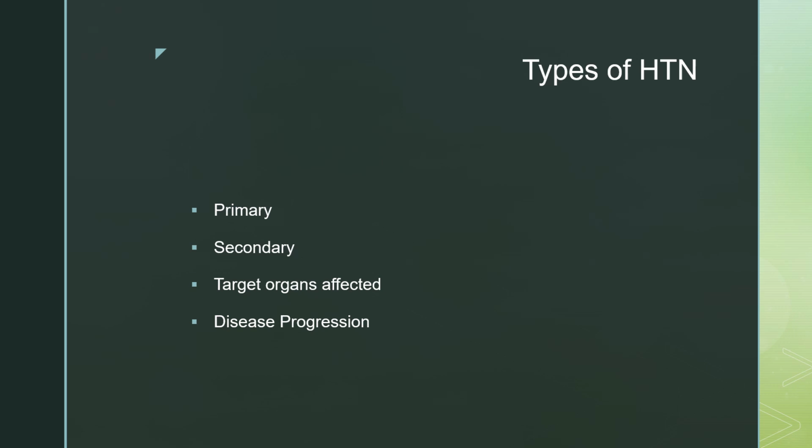Target organs are affected by untreated hypertension, and these can include the heart, brain, kidneys, and the retina. Disease progression in these organs could lead to heart failure, transient ischemic attacks or other cerebrovascular accidents, ultimately renal failure, visual impairment, and blindness.